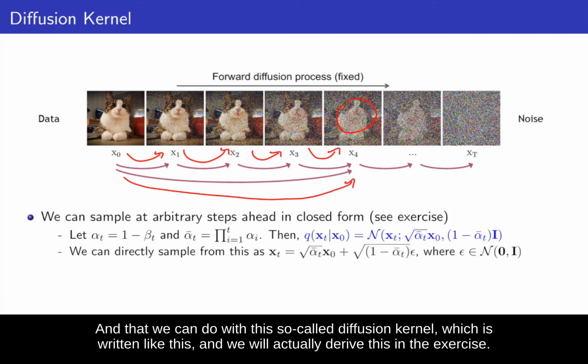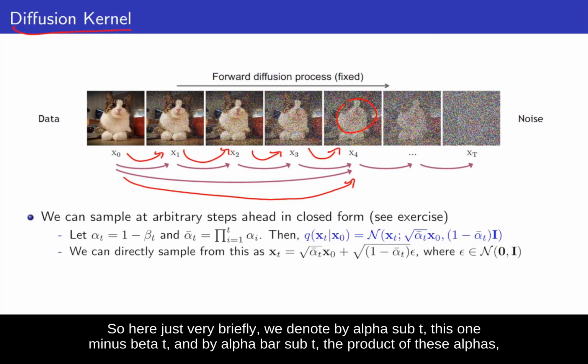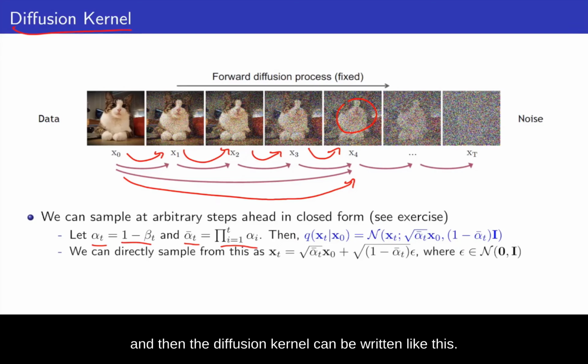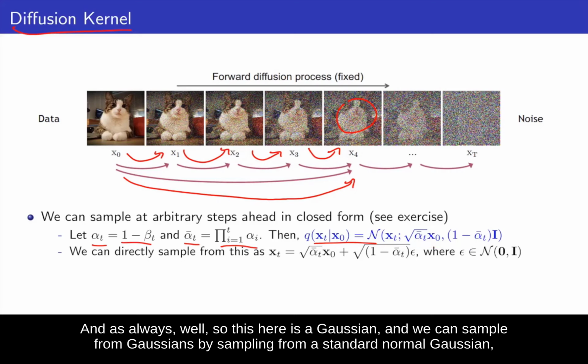And that we can do with this so-called diffusion kernel, which is written like this, and we will actually derive this in the exercise. Here, just very briefly, we denote by alpha_t this 1 minus beta_t, and by alpha bar_t the product of these alphas, and then the diffusion kernel can be written like this.